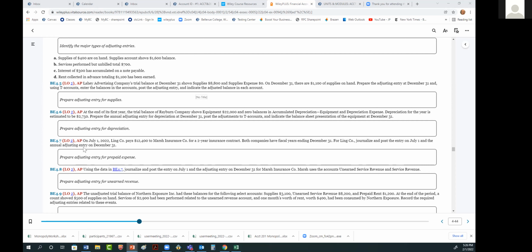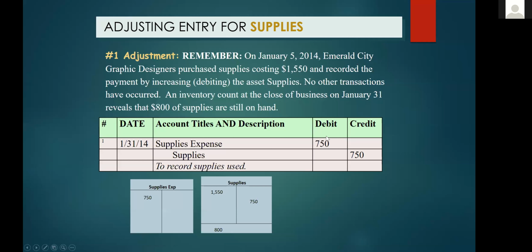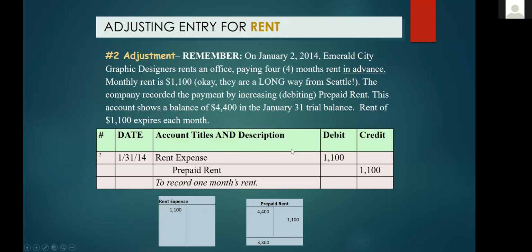And then on July, now it's going to be the prepaid. Now, I think the example we did in class was for rent, but the same logic holds. So let's take a quick look at the prepaid that we did for rent.